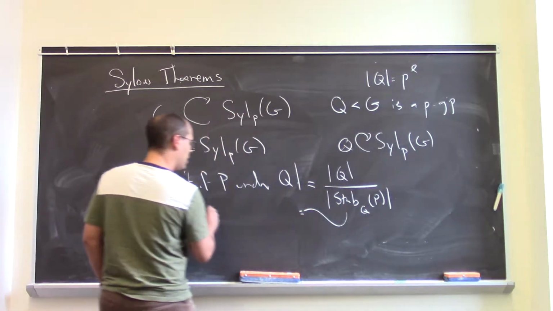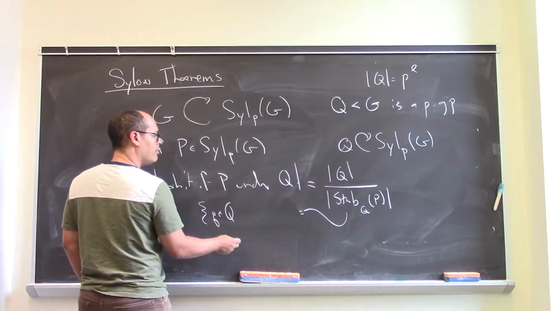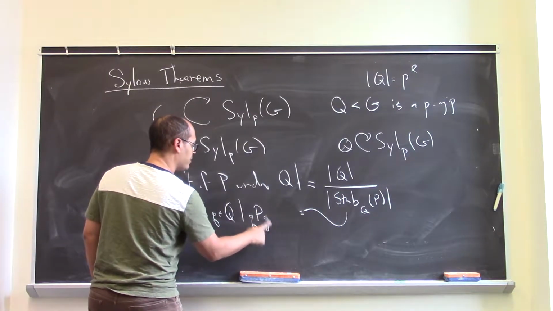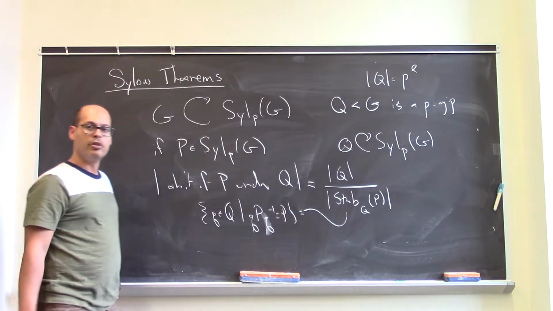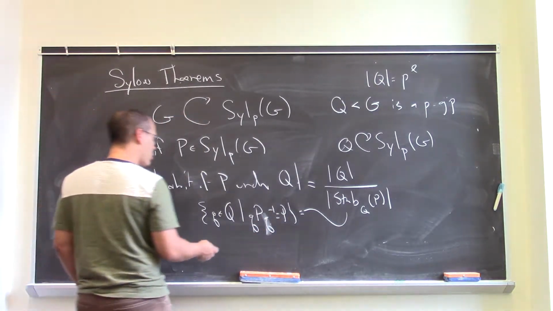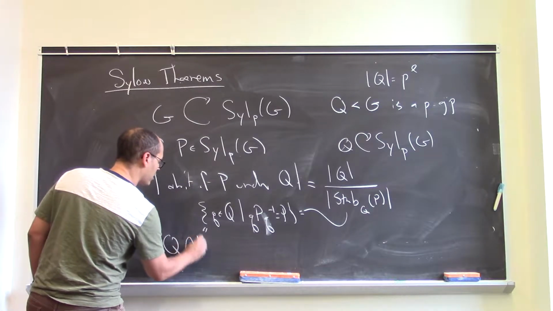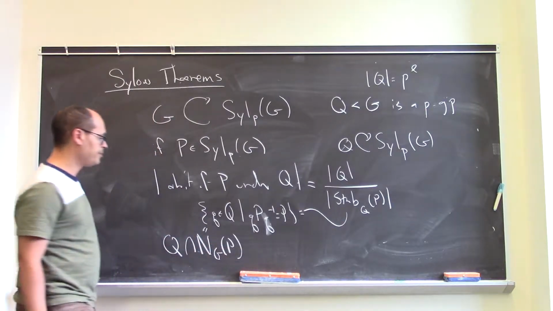The stabilizer are the elements, I don't know, q in Q, which when you conjugate qPq inverse give you back P. We have a word for that that's called the normalizer. So in other words, these are things in Q which also normalize P.